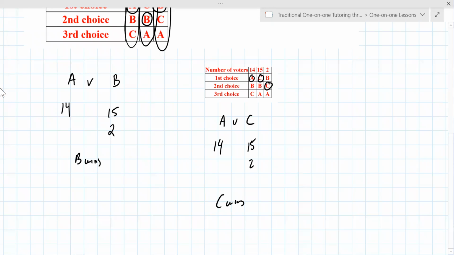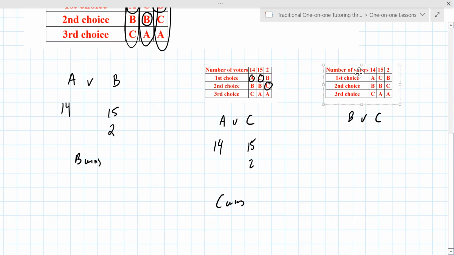So A is not really in play here. It looks like it comes down to B versus C. We can see that B gets 14, C gets 15, but B gets 2. So B wins. So it's like B beat A and B beat C. So B wins.